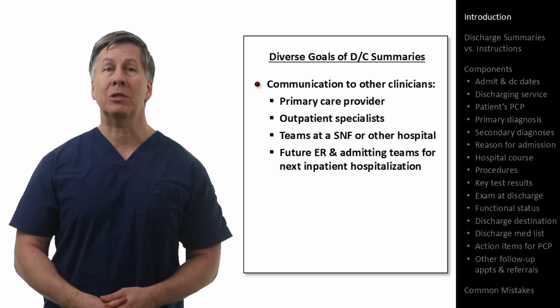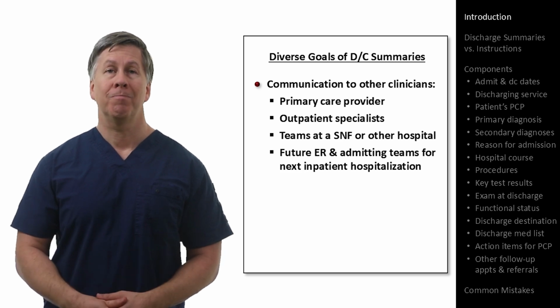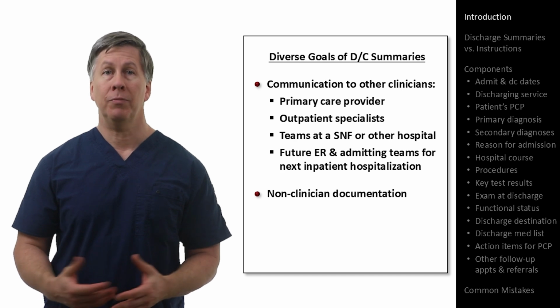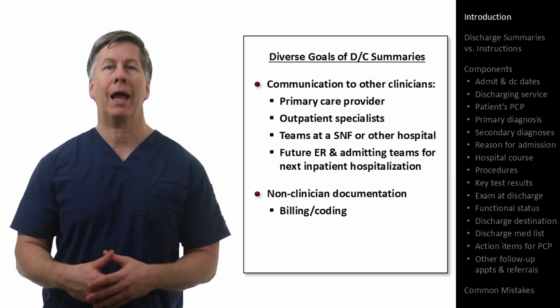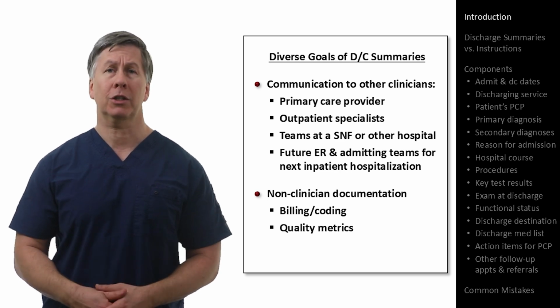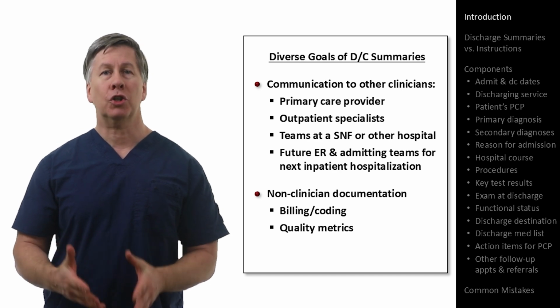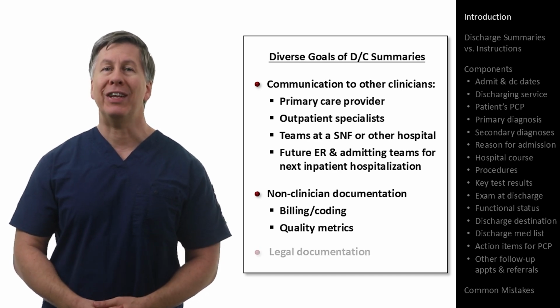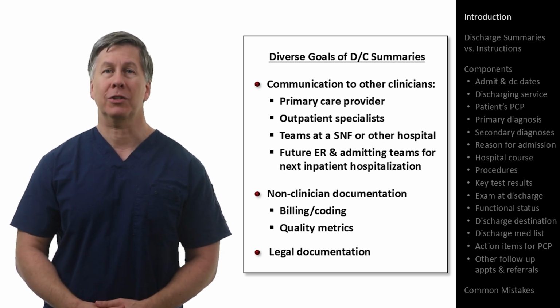For each of those groups, there will be a different set of information that will be helpful. DC summaries are also used for non-clinician documentation, which I mentioned earlier and specifically refers to coding and billing and tracking quality metrics. Lastly, as with every other part of the patient's chart, the DC summary is a legal document and can be entered as evidence in legal proceedings.